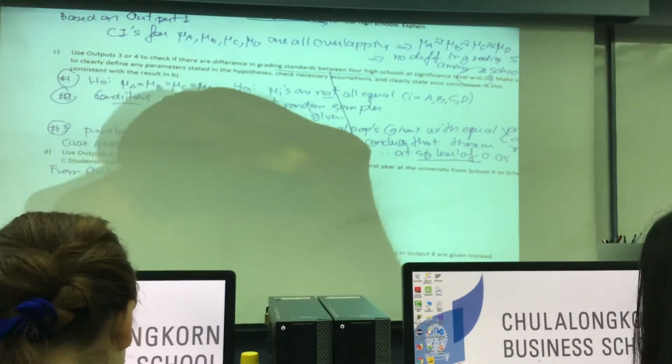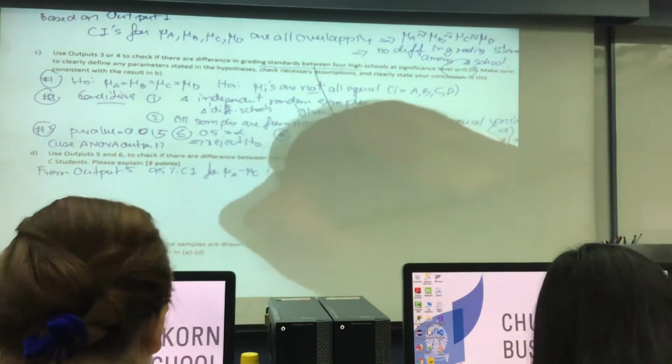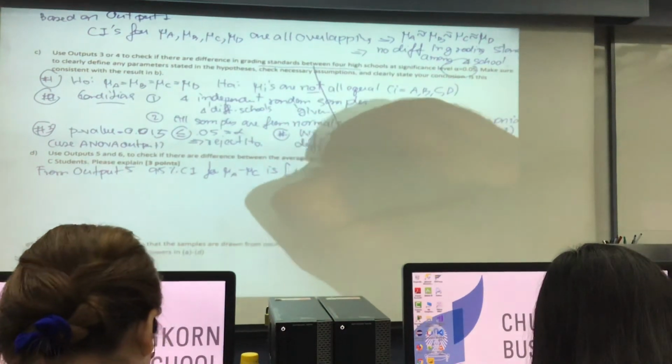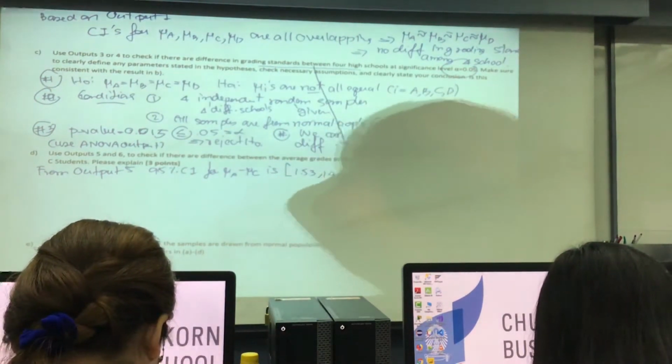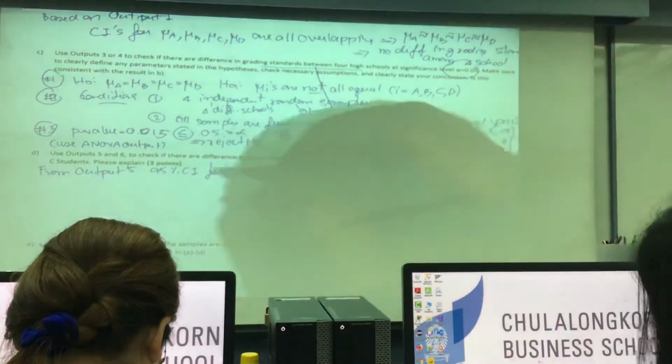So something like this from output 5, right? The 95% confidence interval for mu A minus mu C is 1.53 to 14.31. This one is greater than 0, right?